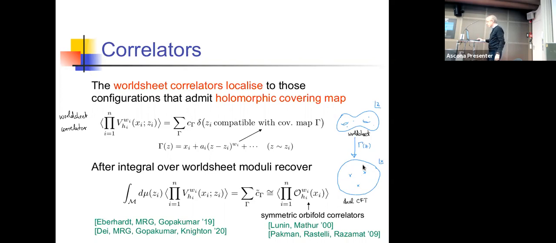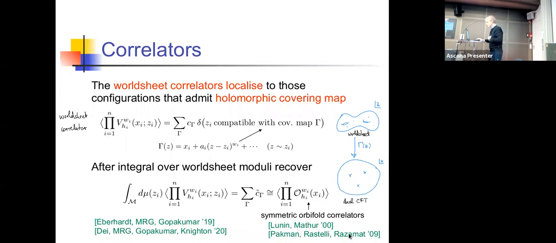So Lunin and Mathur explained that you can calculate these correlators in terms of maps from some Riemann surface down to the surface on which your correlators live. And these covering maps have to have the property that they have a critical point of degree w near the point where you map to the x_i downstairs. So that's an observation purely in terms of the symmetric orbifold.